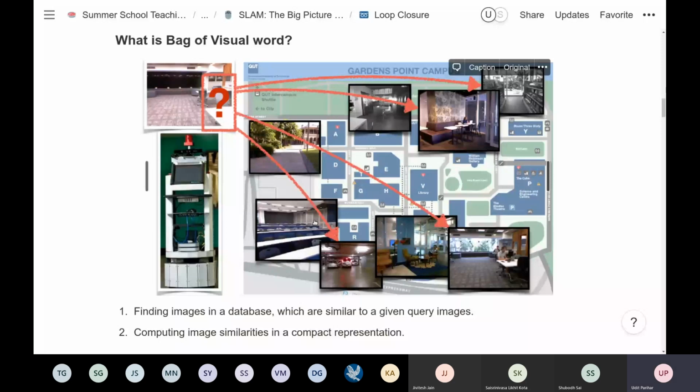Say this is a robot and it has this query image taken at this particular moment, and it wants to say which particular room it belongs to. These rooms were all in its dataset, and it wants to say which room the current image belongs to. That is what the data association or loop closure problem is.